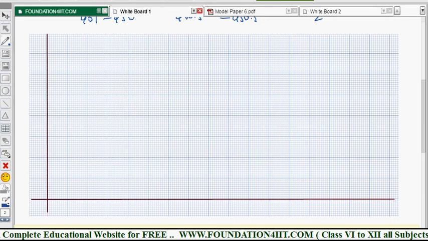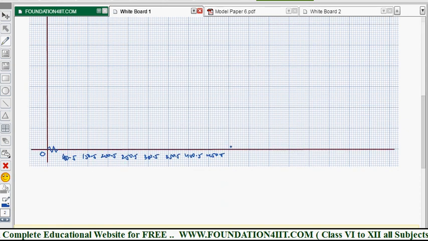It's not from 0, so you should use the break symbol, and the starting value is 100.5, because it is the exclusive case already. So 150.5, 200.5, 250.5, 300.5 and 350.5, 400.5 and 450.5, just like this. This is the visiting fees on the x-axis, visiting fees in rupees.